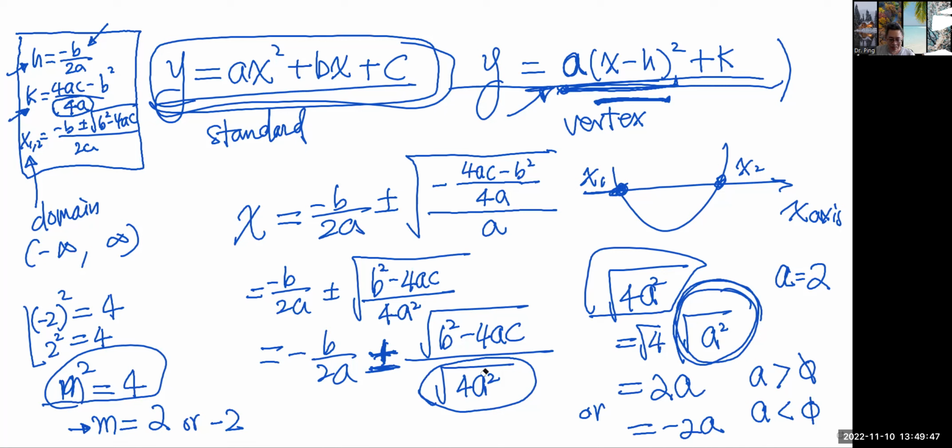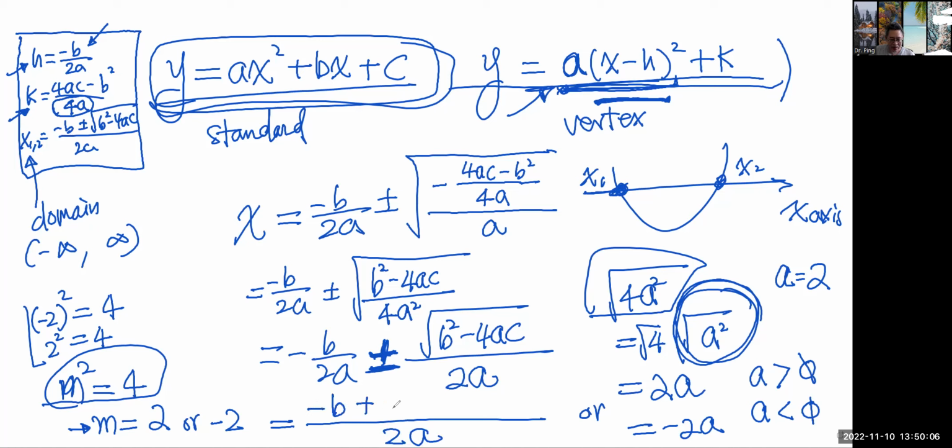For that reason, we really just say this whole thing is equal to 2a, because if it's negative, we have negative here and positive, positive, so no problem. Now we're going to combine this. Since we have the same denominator, it becomes negative b plus or minus the square root of b squared minus 4ac, all over 2a. Then we have it. Now we've proved the quadratic formula.